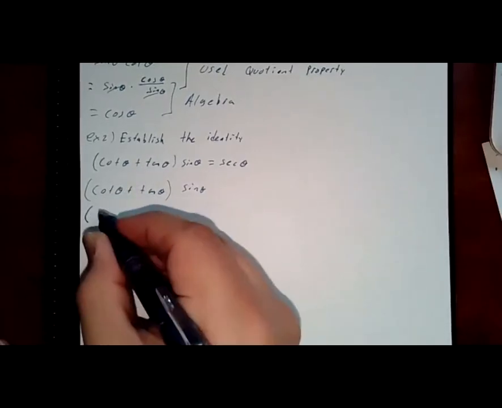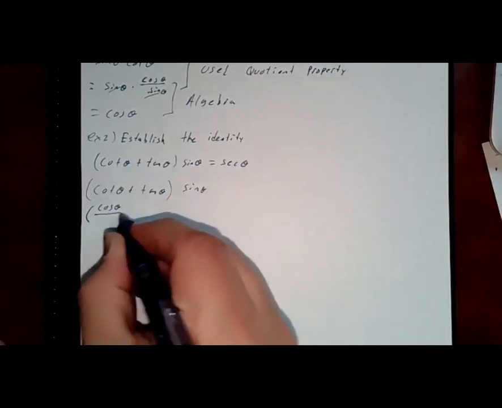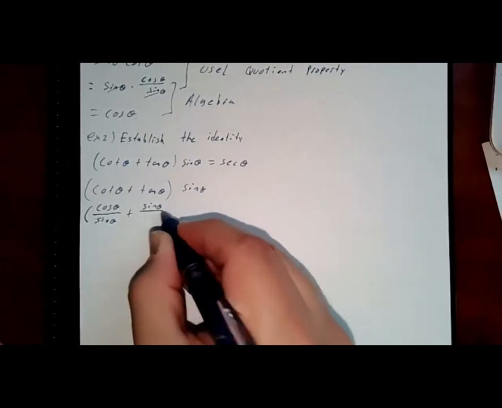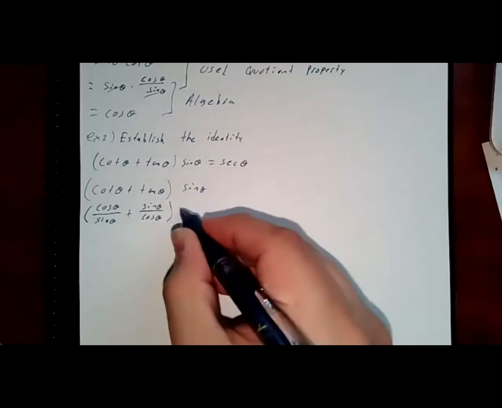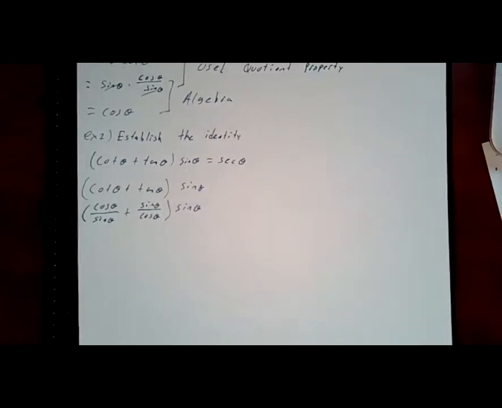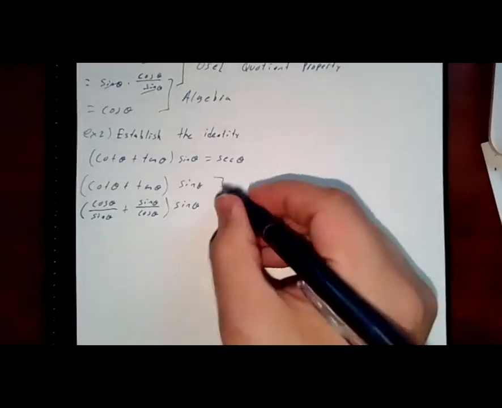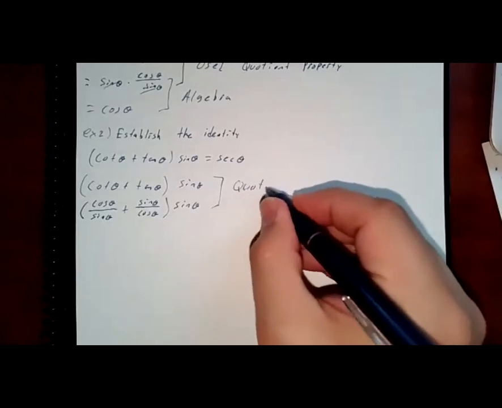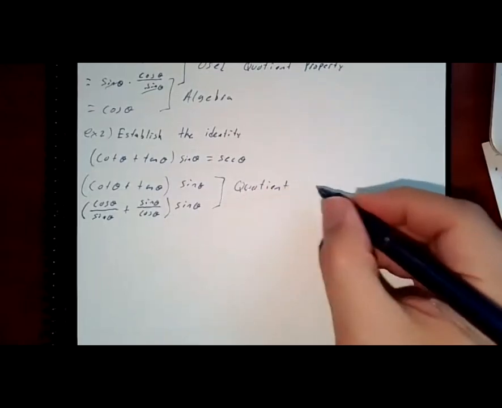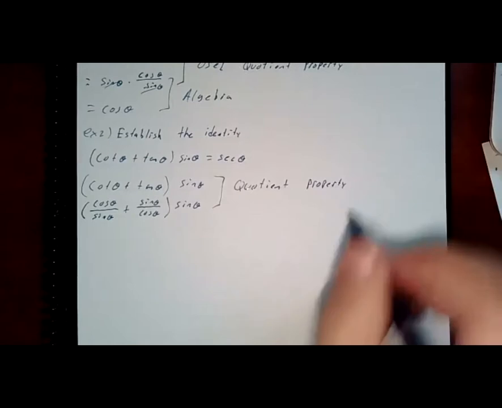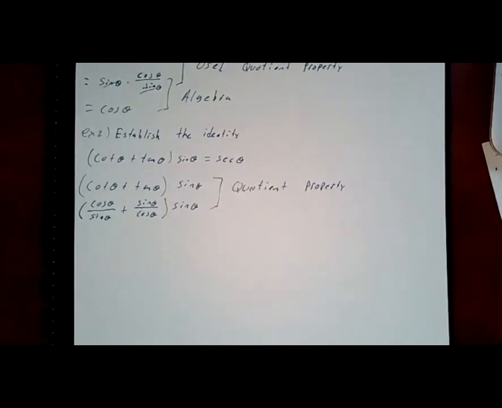So I'm going to change this to cosine theta over sine theta plus sine theta over cosine theta. So from here to here, I use quotient.